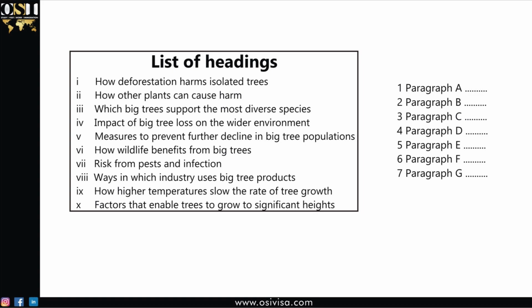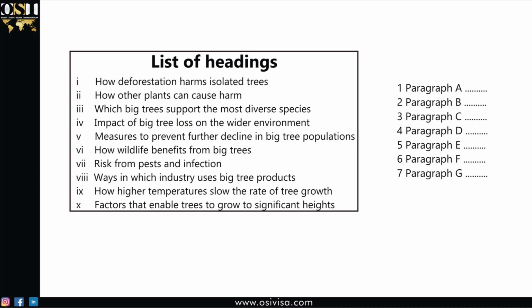You need to read each and every heading and understand the meaning of these phrases or sentences. If you understand the meaning properly, then while you're reading the paragraph, you'll be able to remember easily whether you read something about this paragraph in the list of headings.